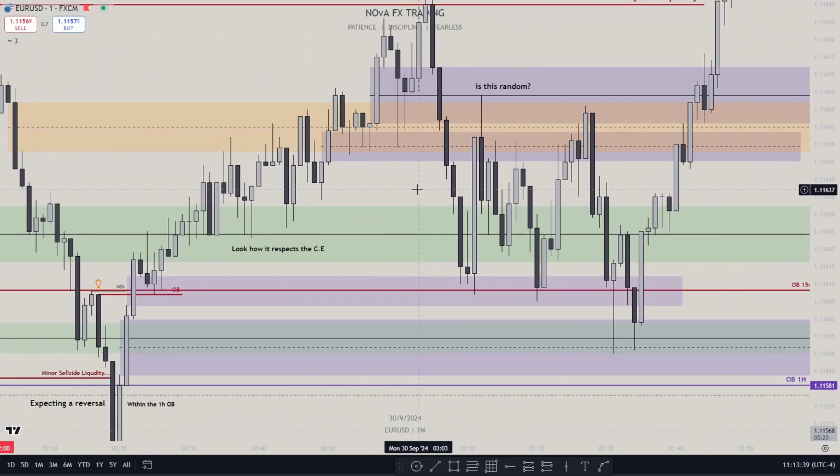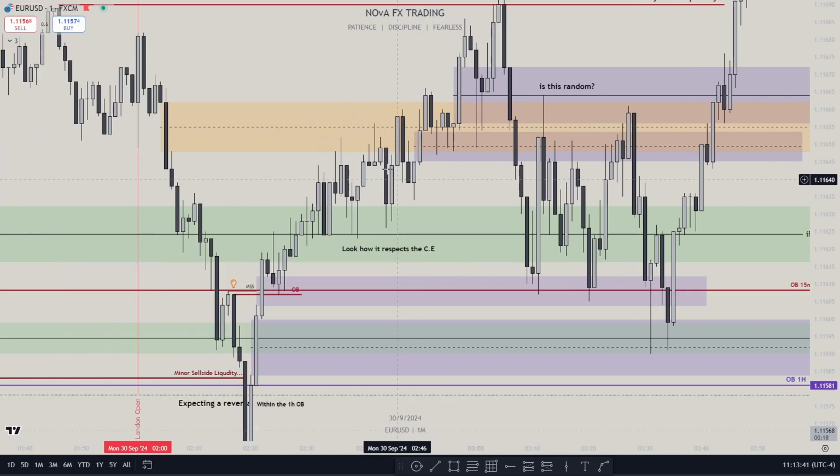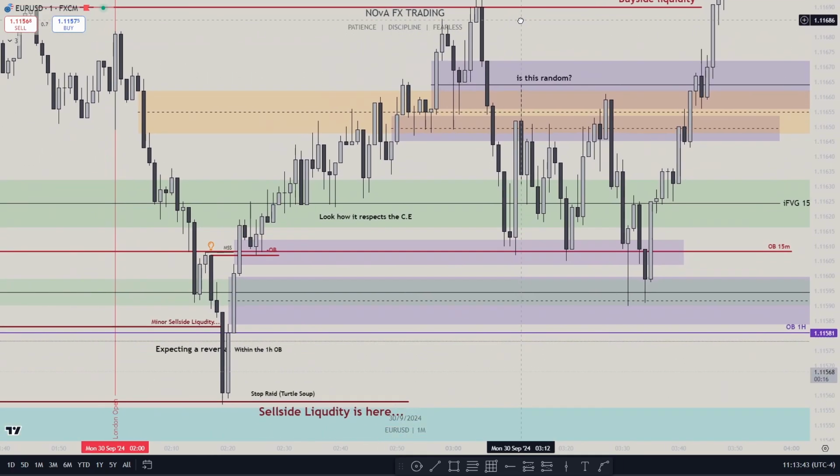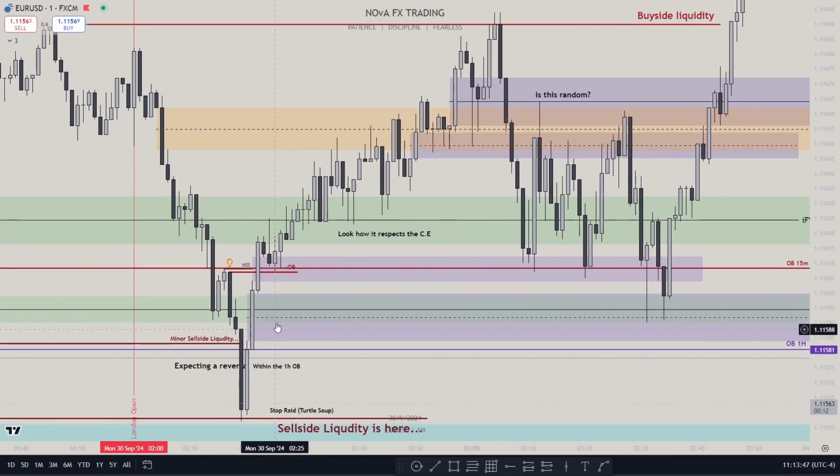So the thing is that when the price was going up, we saw 2 fair value gaps right here. It's the first one, the second one. We're expecting the first fair value gap to be a breakaway gap.